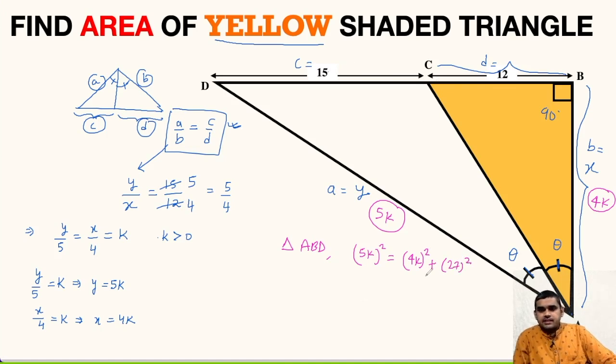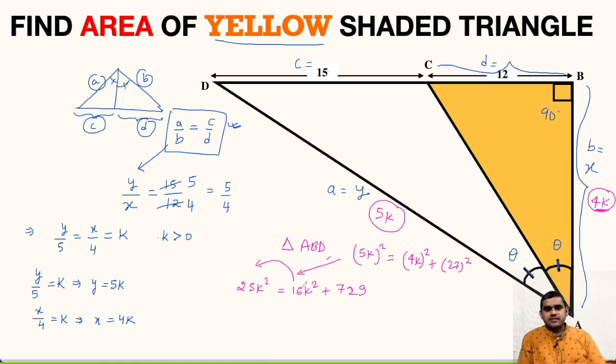The main intention here is to get the value of k, so that we can multiply it with 4 and get the value of AB. So on simplifying this, we will get 25k squared equals 16k squared plus 27 squared, which is 729.